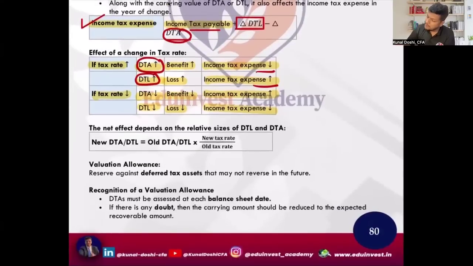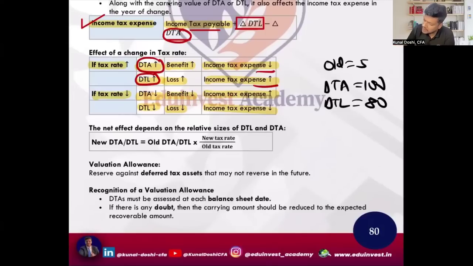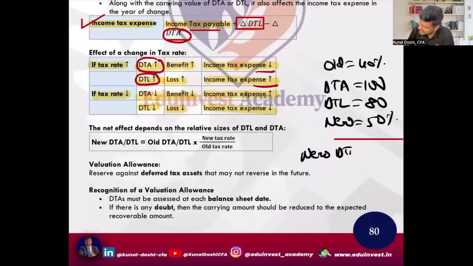Okay. Now suppose your company has a DTA of $100 and DTL of $80. Old tax rate was, let's say, 40%, and new tax rate is 50%. So with regards to this, DTA and DTL both will increase. What will be my new DTA and new DTL?